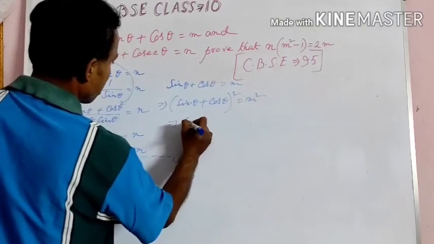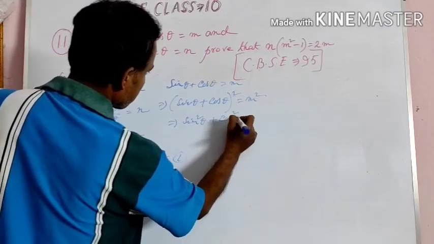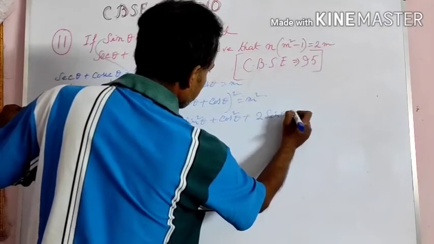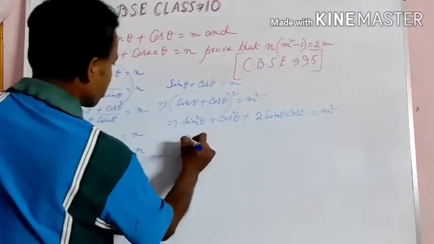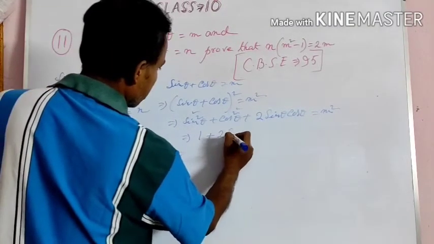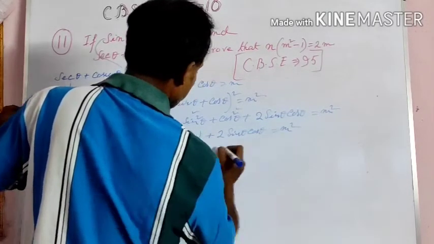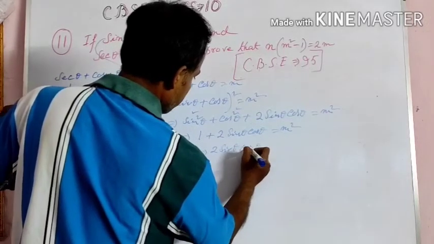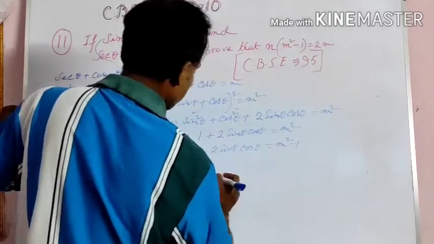Or sin square theta plus cos square theta plus 2ab, means 2 sin theta cos theta, is equal to m square. This is sin square theta plus cos square theta is equal to 1, plus 2 sin theta cos theta is equal to m square. Or 2 sin theta cos theta is equal to m square minus 1.